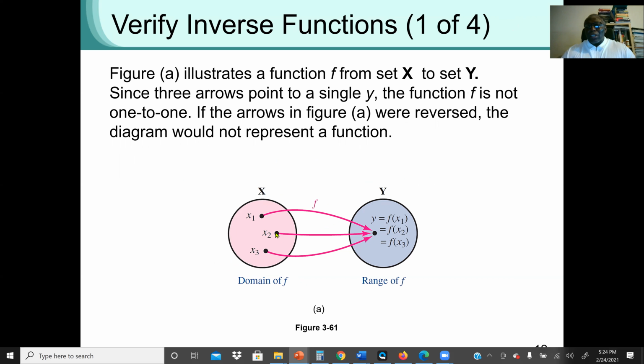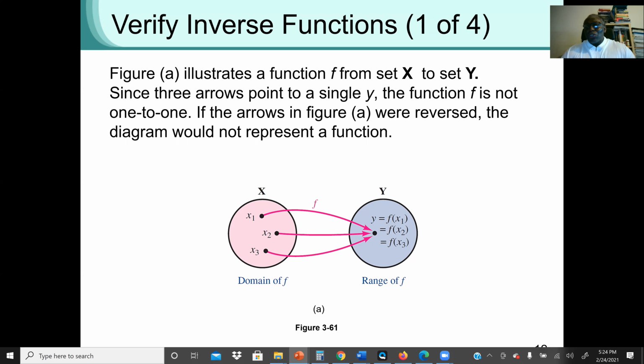Now, since we have three arrows pointing to a single y, we will say that the function f is not one-to-one, because here it means that we have three inputs, x1, x2, and x3, generating the same output. They are not unique outputs. So this is not a one-to-one function.